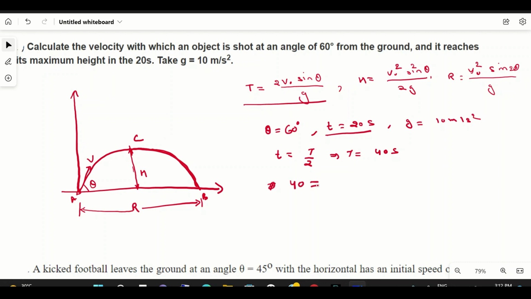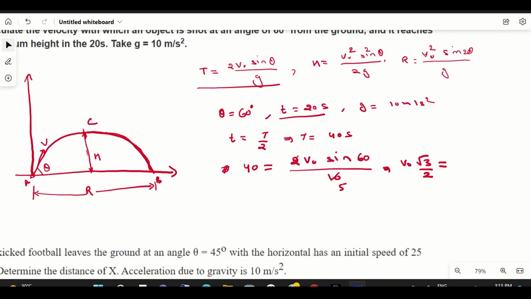We will keep 2 v naught, we have to find, sin theta, theta is 60 degree, divided by 10. So this 2, it will be 5. V naught sin 60 is root 3 by 2, is equal to, V naught is equal to 40 into 5 is equal to 200.